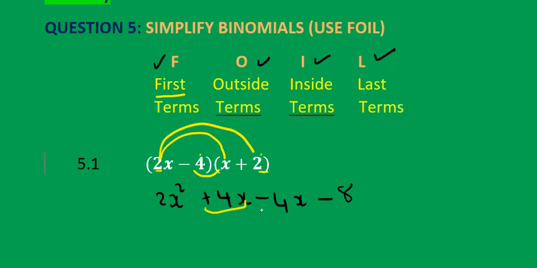Those 2 are like terms, and they cancel each other out because positive 4 will cancel out negative 4. So your solution will be 2x squared minus 8. Hope that makes sense. So the last part of FOIL would be to multiply the last 2 terms together.